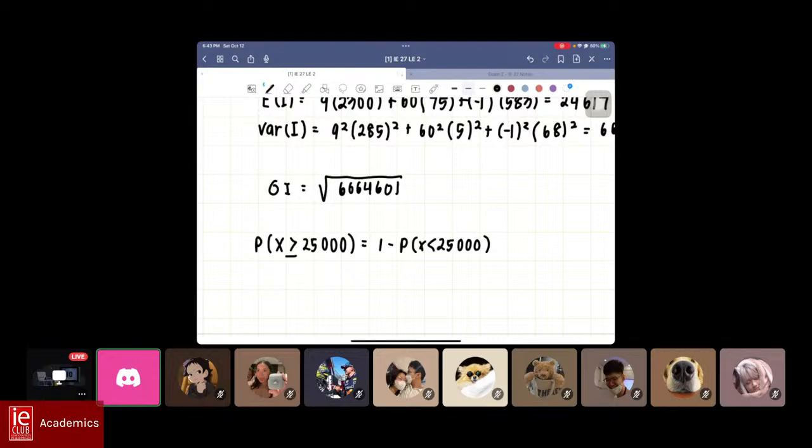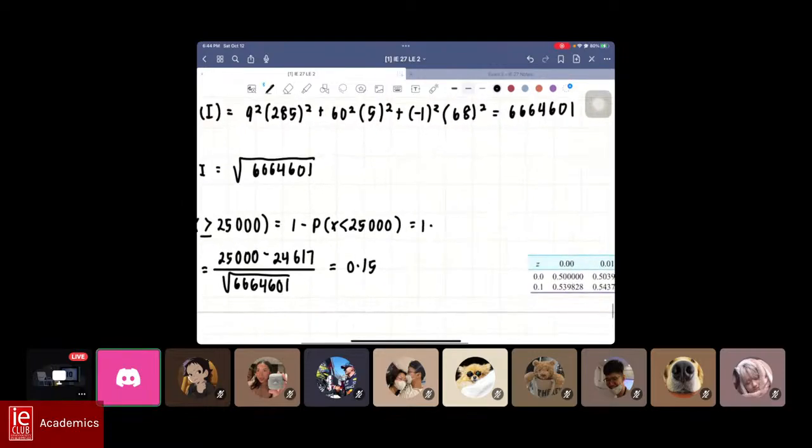And since each of them follows a normal distribution, and there's a theorem that the sum will also follow a normal distribution, we can get Z equals 25,000 minus the mu we got earlier, 24,617, over sigma. So that's the square root of 6664601. So that is equal to 0.15. So this is equal to 1 minus phi of 0.15.